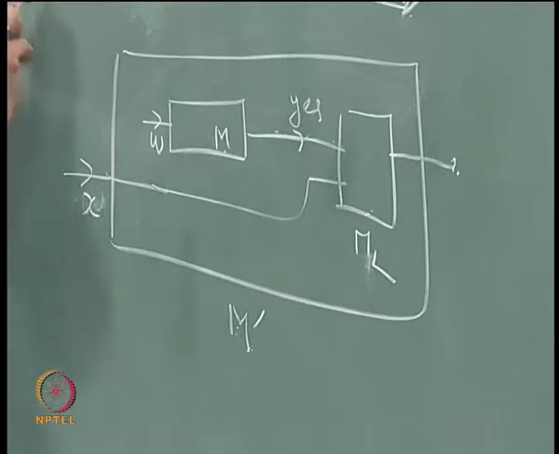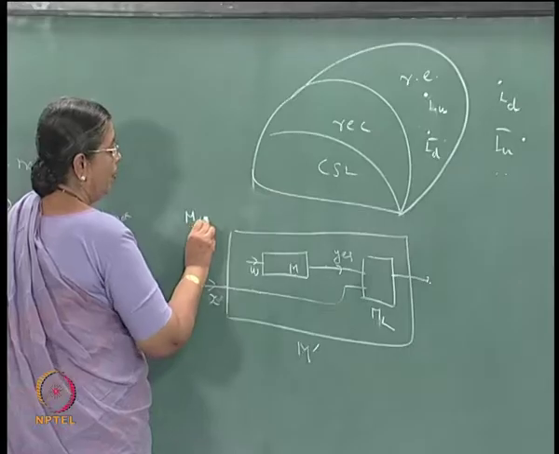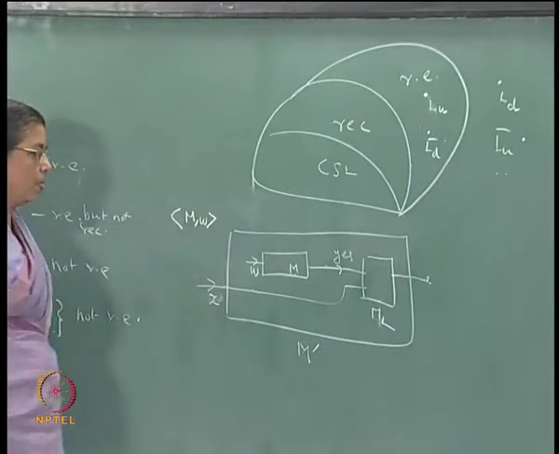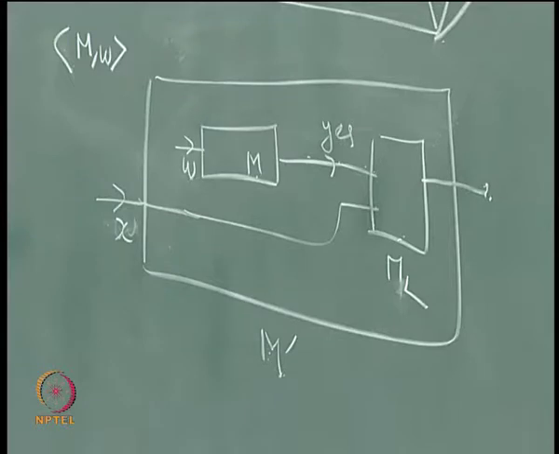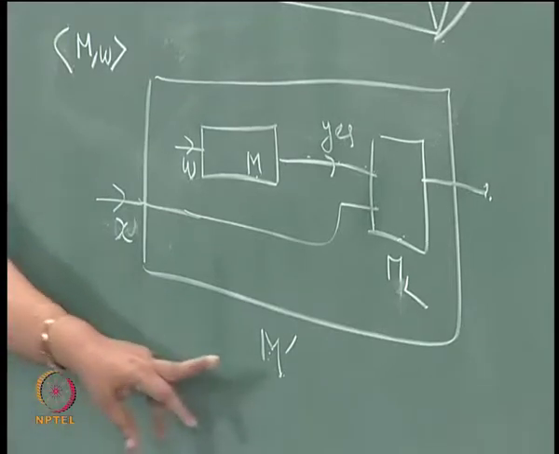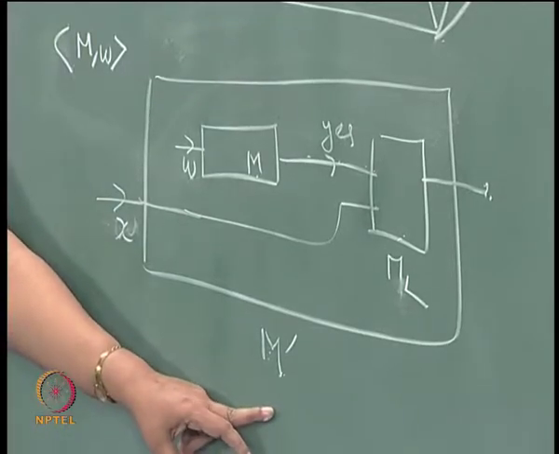For every pair of M and w, you can construct a machine M dash like this.